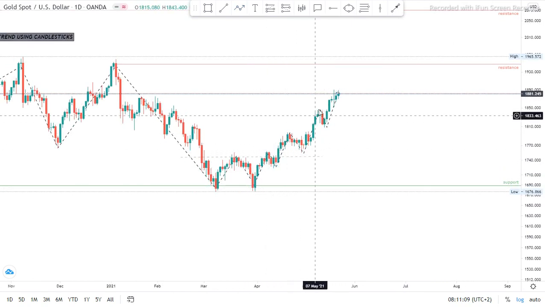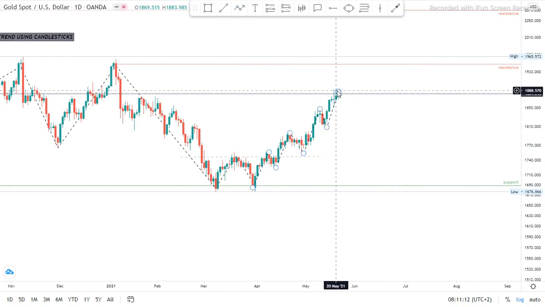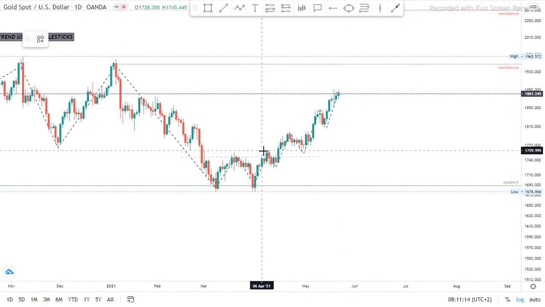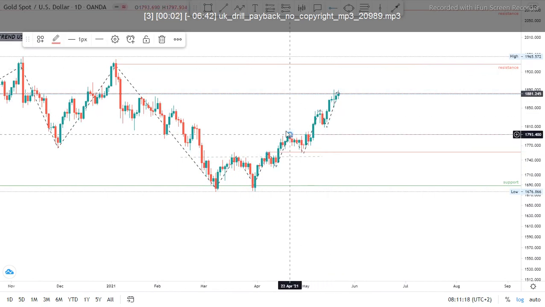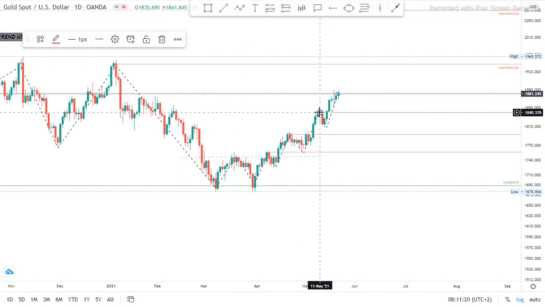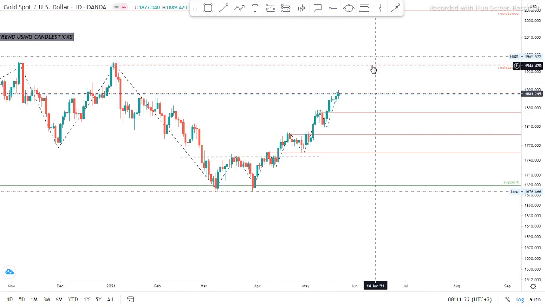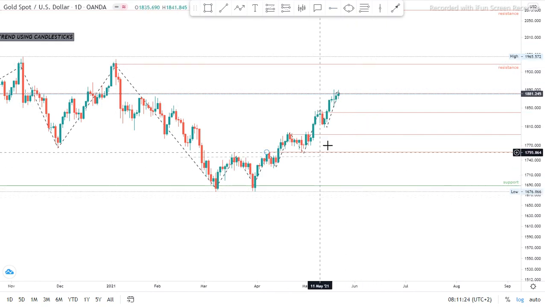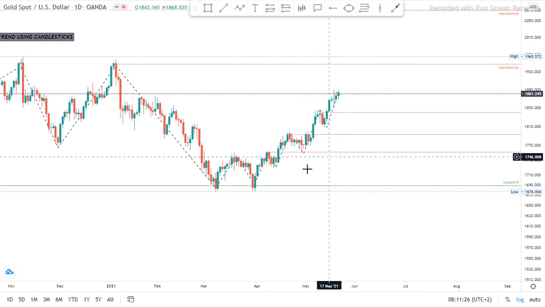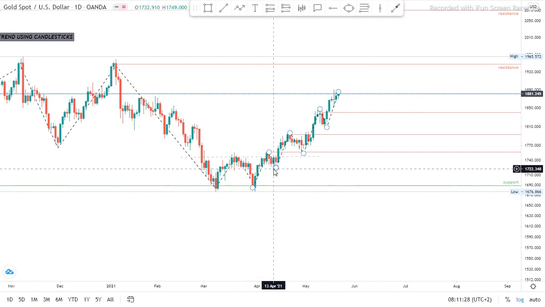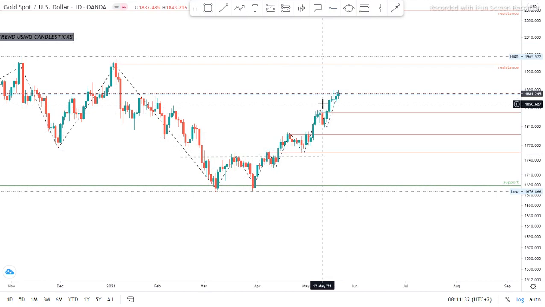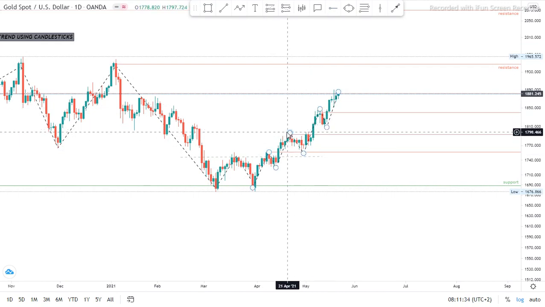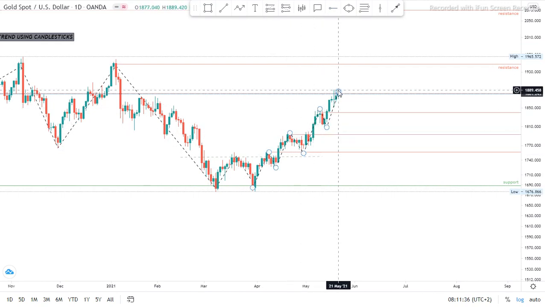And then just to put our minor resistance, so this is a major resistance point and this is a minor. As you can see, guys, as price is pushing up, coming down, pushing up, coming down, it's respecting this high, pushes up, comes down, respects this high, pushes up.